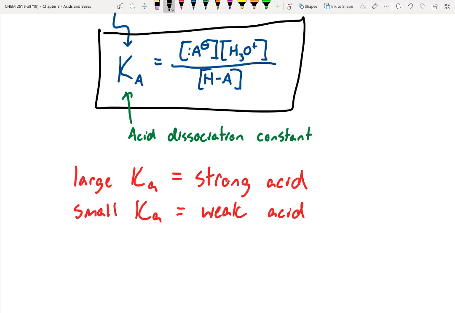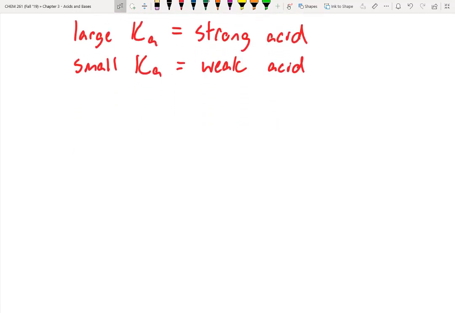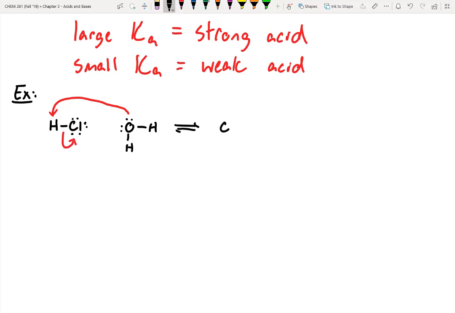All right, so let's take a look at a couple examples. Let's say I have hydrochloric acid, pretty good acid. We can have that mixed with water, and in this case, I'm going to show all of the bonds. Water can steal the proton from hydrochloric acid, and we'll make the anion Cl-, meaning the chloride anion, and we'll make the hydronium ion.